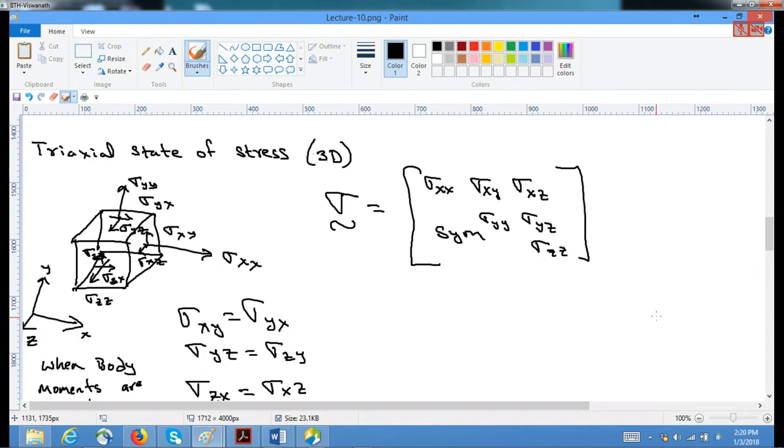Similarly, one can also write the triaxial state of strain as epsilon xx, epsilon xy, epsilon xz, epsilon yy, epsilon yz, epsilon zz.